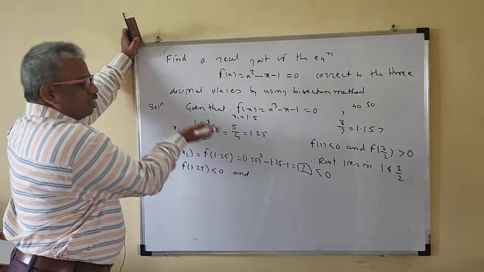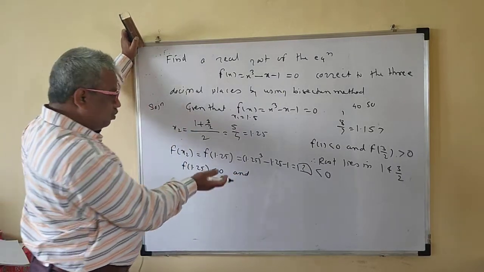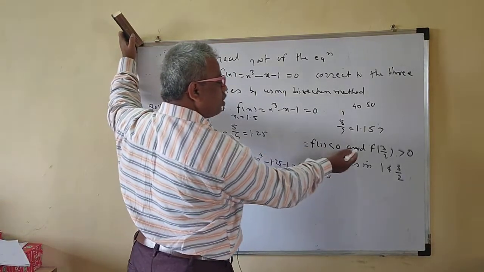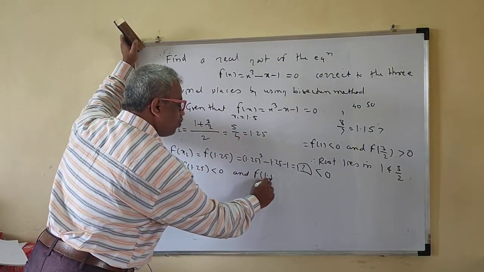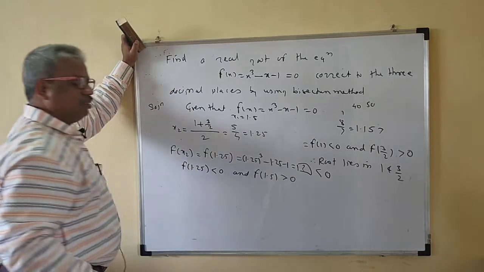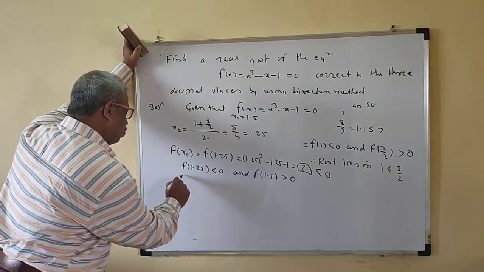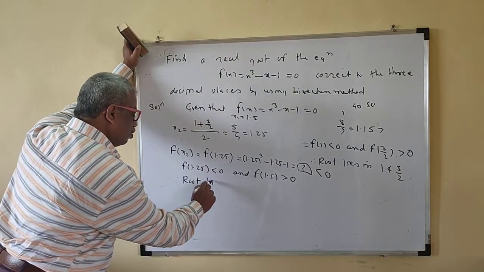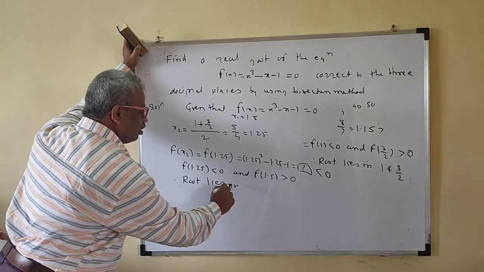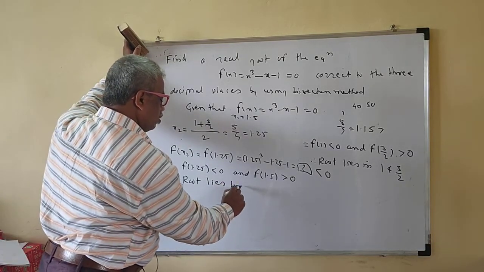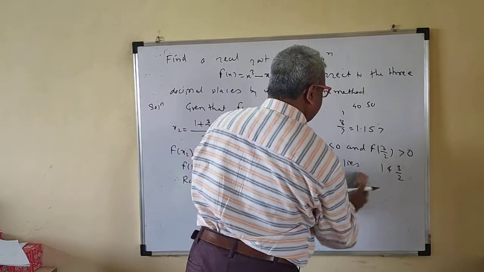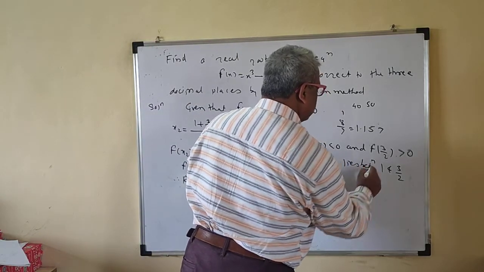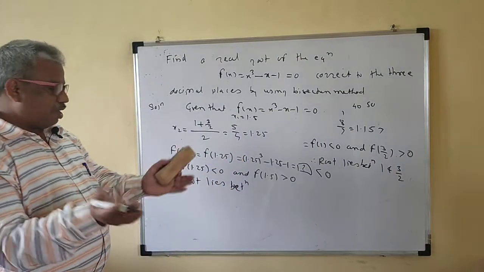And see the previous one: which one was the positive? F of 3 by 2. So f of 1.5 is greater than 0. Therefore the root lies between, not in, 1.5 and 1.25. If you want to say in, then you have to write the interval.